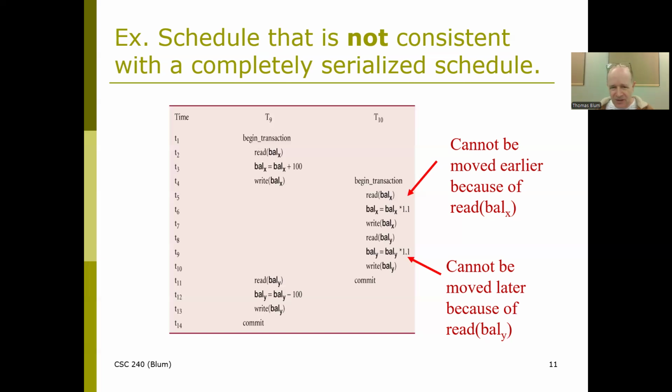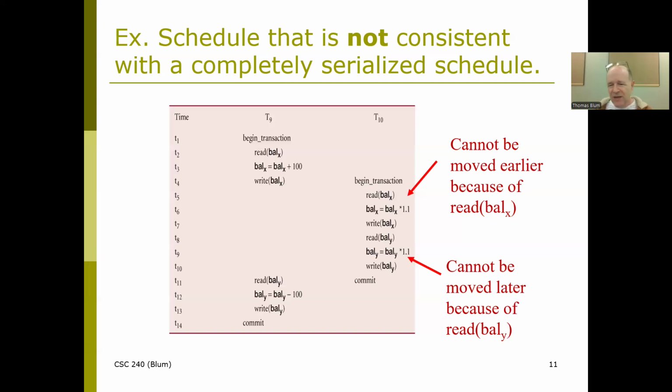And transaction 9 is taking money from one account to the other. So we added some money to the account in 9, up in step 3, and wrote the new amount in step 4, and then the calculated interest comes in. So we're calculating the interest of balance X and balance Y, and then we're taking that $100 out of the Y account of the person.